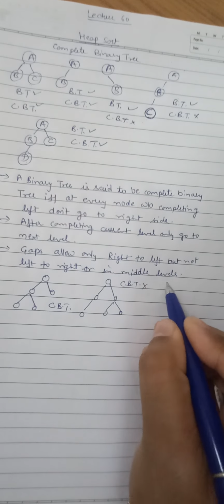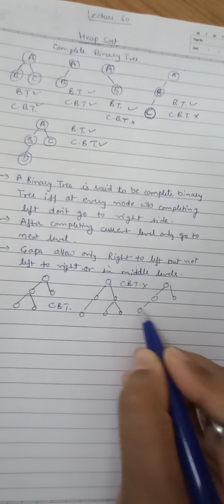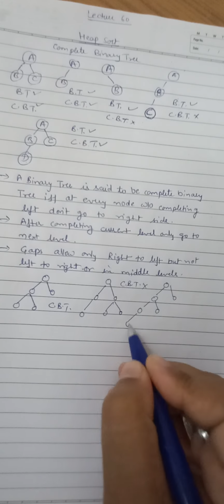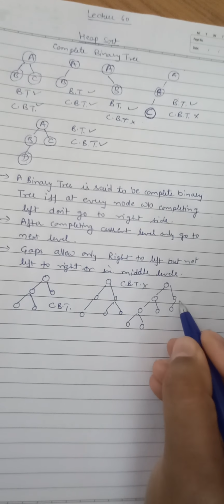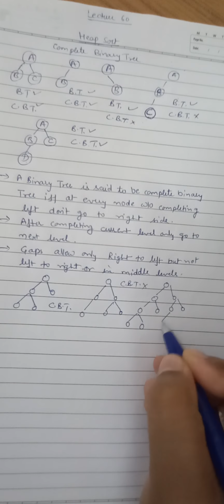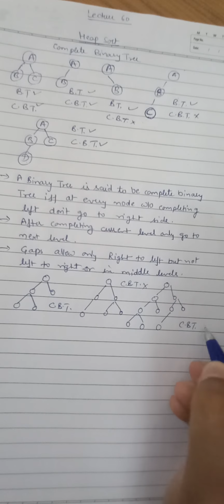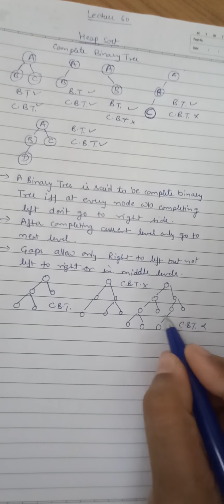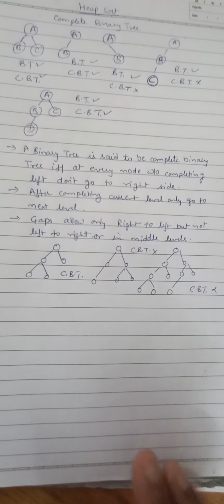Or we can say this also like this. If we have something like this also, this is also not complete binary tree. Why? Because here this is a gap. This is not complete binary tree.